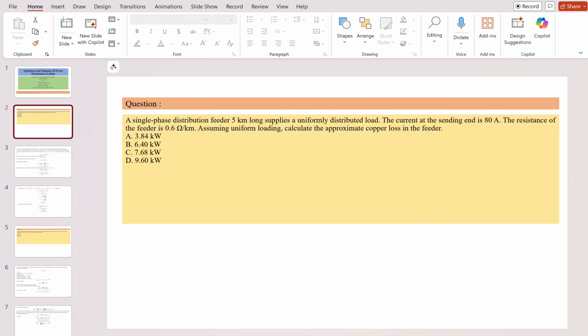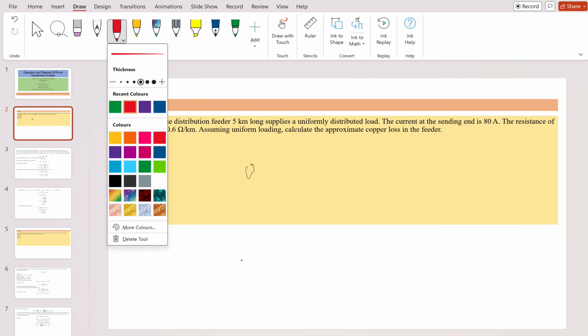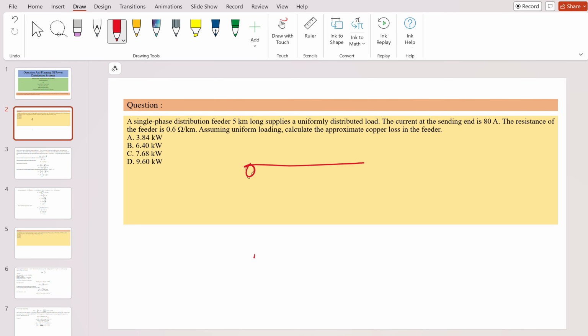Okay, so this is the first problem. This is related to a single phase distribution feeder. Suppose this is a distribution feeder. It is 5 kilometers in length and has a uniformly distributed load.